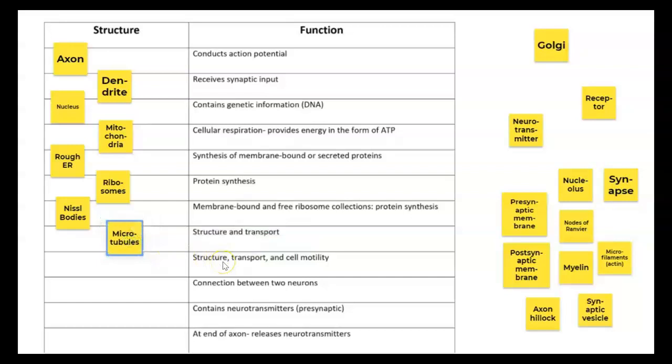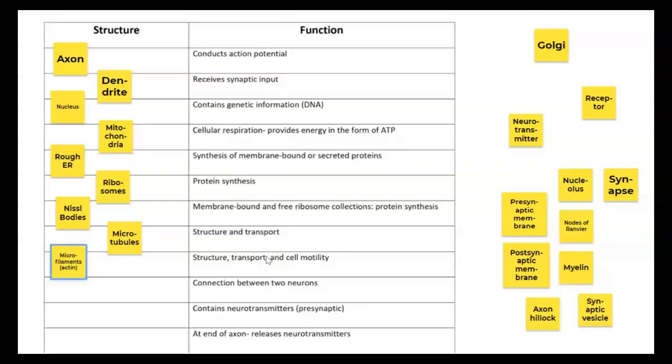And then another part of the cytoskeleton that is involved in structure, transport, and then cell motility because it's at the cell membrane and it changes in response to things and can push or pull the membrane. Those are the microfilaments, and you will hear me refer to them as actin in the future. So whenever I talk about actin, this is what we're talking about.